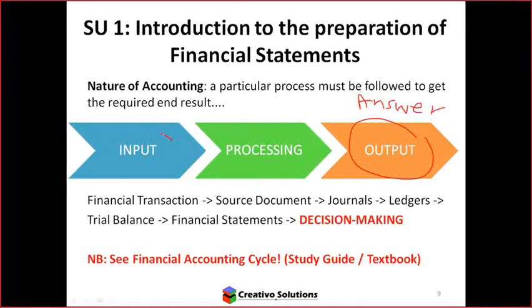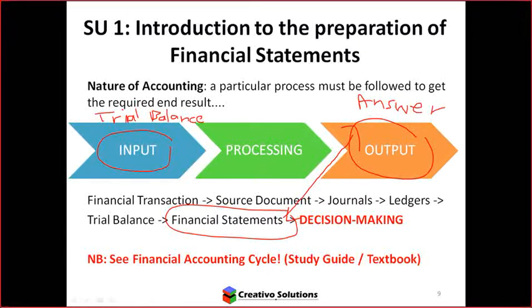Your output is going to be your answer, the solution that you're going to be creating. UNISA is going to give you input in the form of a trial balance. You'll see trial balances a lot when you look at past papers, because you're not creating the journals and ledgers, you're creating the end result, which is the answer, the financial statements.